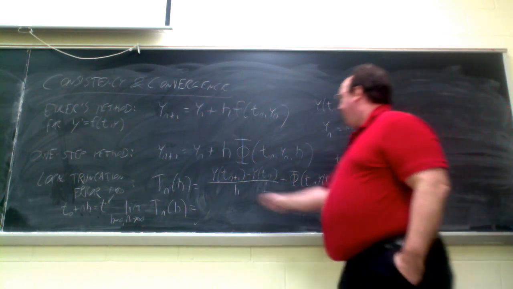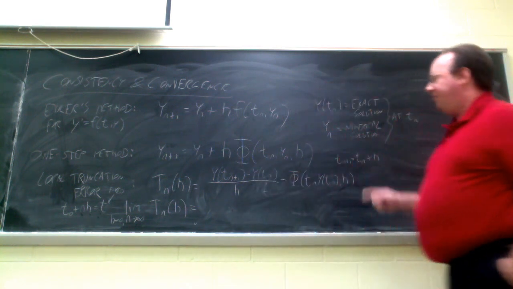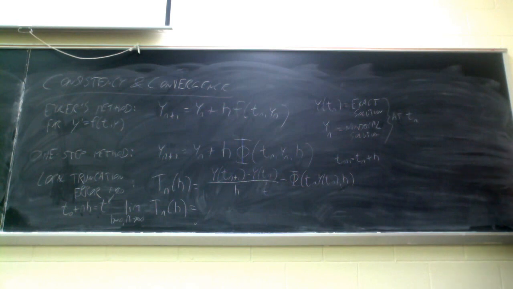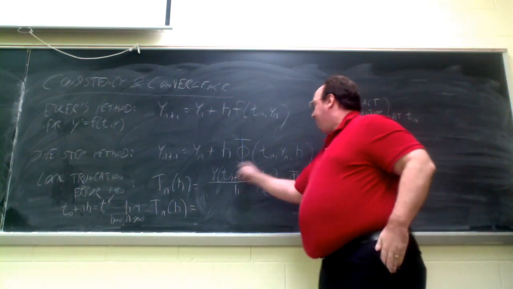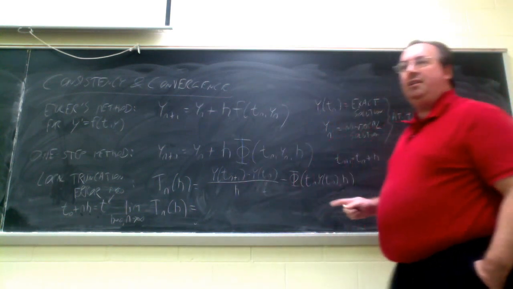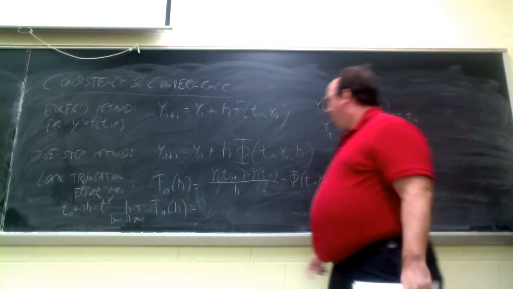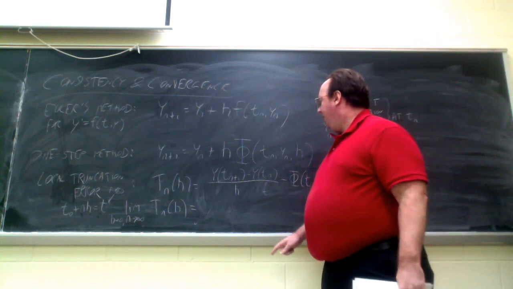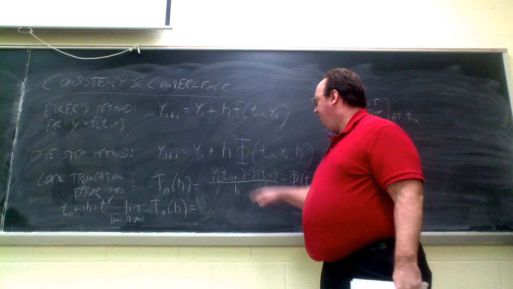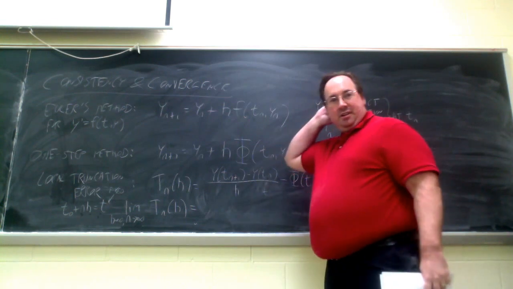So if I take the limit of this as h goes to 0, n goes to infinity in such a way that we're dealing with a fixed time, what happens to this? Well, h is going to 0, but this time is approaching this one.